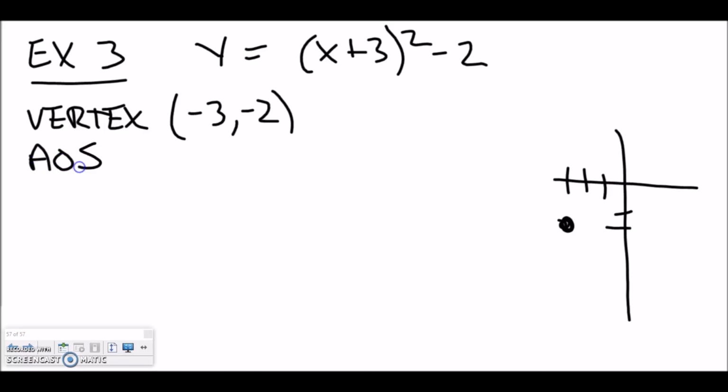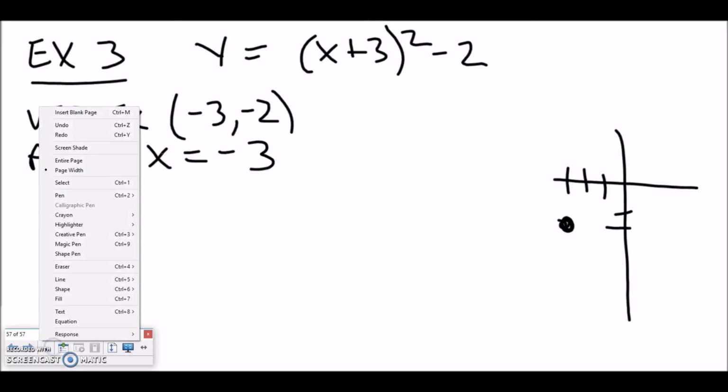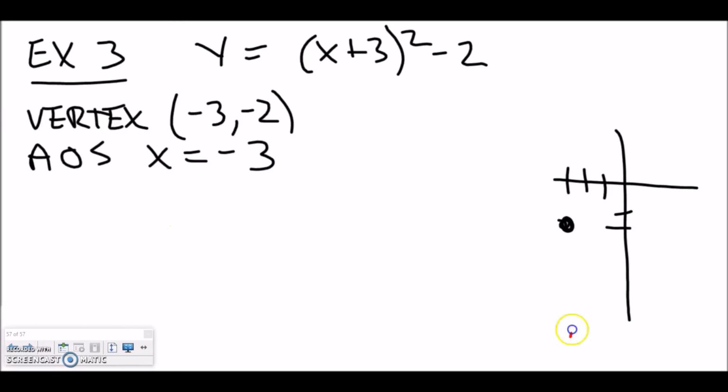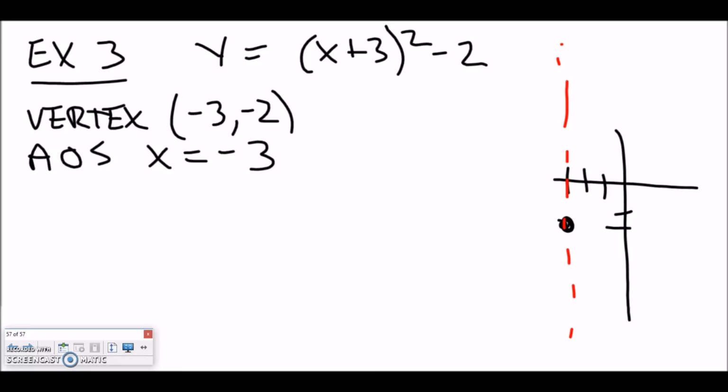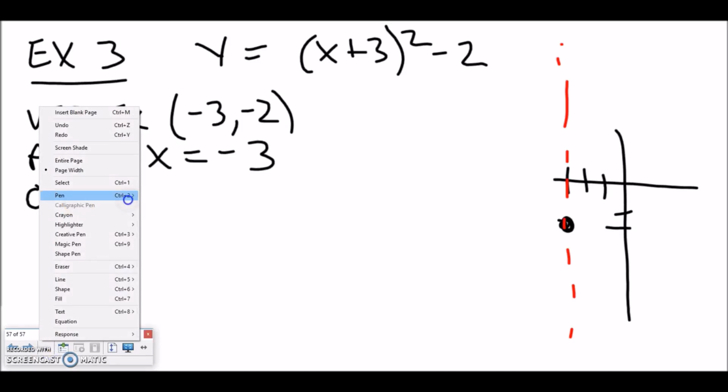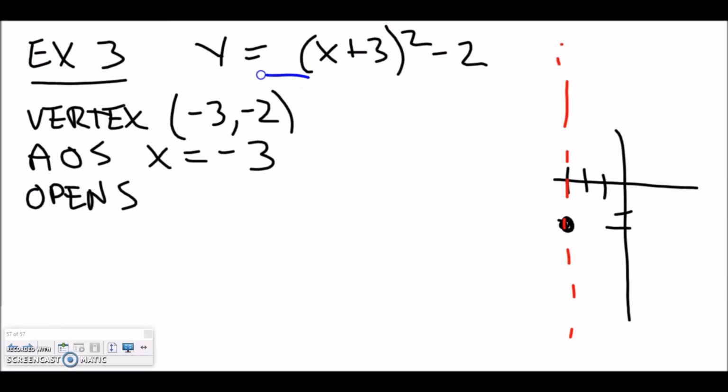Axis of symmetry: x equals -3. Draw our dashed line. Find which way it opens. Look at our letter a. There is no letter a. That means it's a positive 1. That means it opens up.